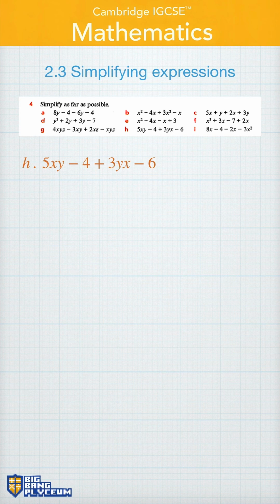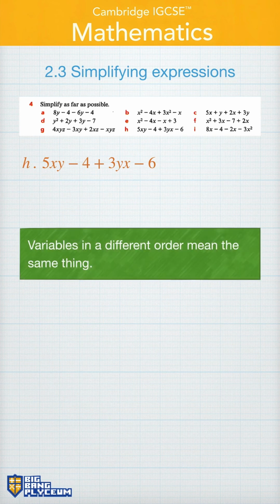So by using the commutative property, we know that variables in different order mean the same thing because x times y is exactly the same as y times x. You can basically switch the factors, okay? Very good. So now we can have these two as like terms and we collect them, okay? So we'll be having 8xy minus 10 as the final result.